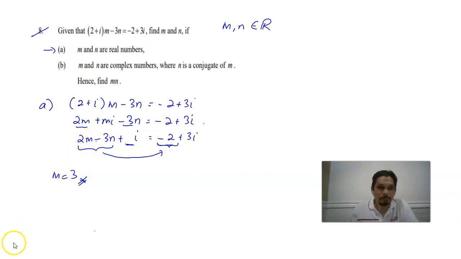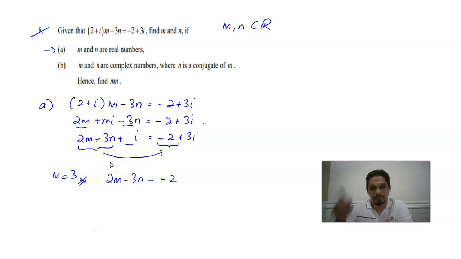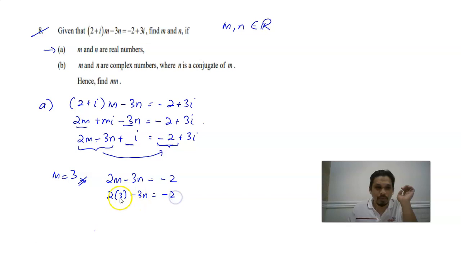Now substitute m equal to 3 into this equation here. We got 2m minus 3n equal to negative 2. Sorry, the pen is making a problem. Now 2 times m, where m equal to 3, minus 3n equal to negative 2. 2 times 3 equal to 6.